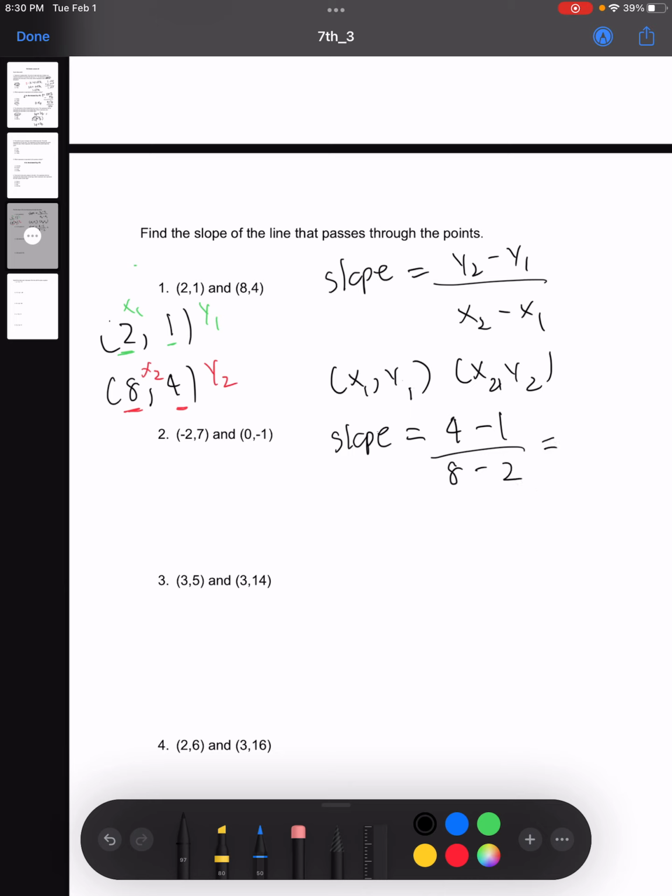If we simplify this, we get 3 over 6, which simplifies into 1/2. So we know that our slope is 1/2. Basically, all you need to do is identify x1, y1, x2, y2, which are simply the x and y coordinates of the two points you're given, and you plug them into this formula to find the slope.